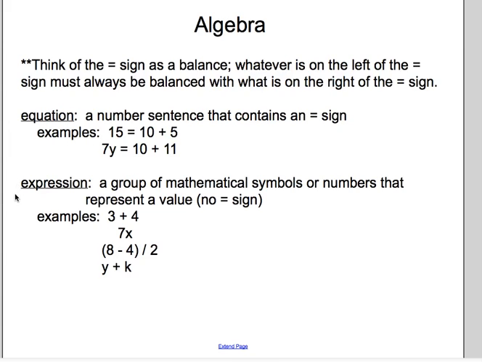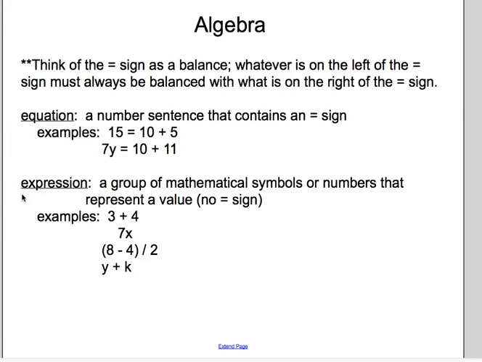An expression is different than that. An expression does not have an equal sign. It is a group of mathematical symbols or numbers that represent a value. For example, 3 plus 4. We know that 3 plus 4 represents the value 7.